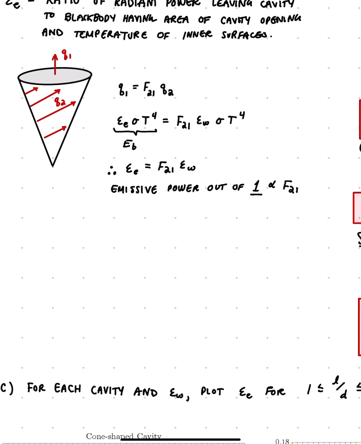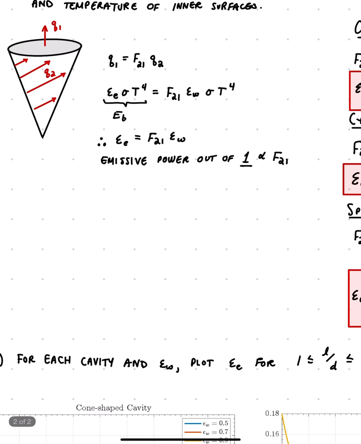And so we can expand that out and find that our effective emissivity times our black body radiation is equal to our view factor from 2 to 1 times our wall emissivity times the Stefan-Boltzmann constant times temperature to the fourth.